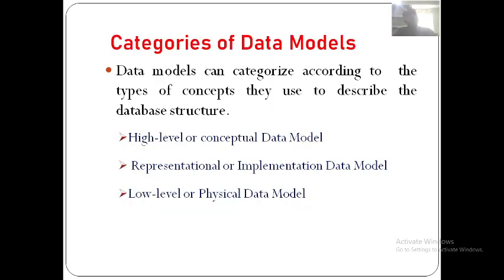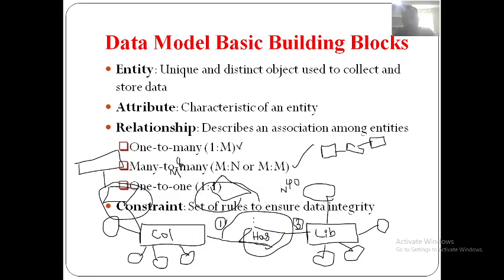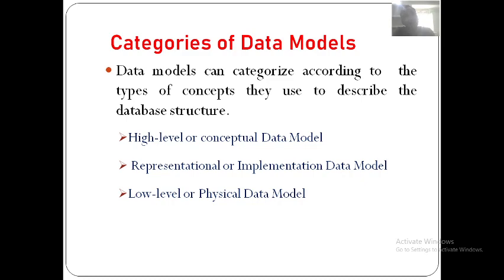Then, categories of data models. Hope you understood the basic building blocks of data models. Is there any doubt in entities, attributes, relationships, and constraints? No, sir. Okay, fine. Then there are different types of data models.